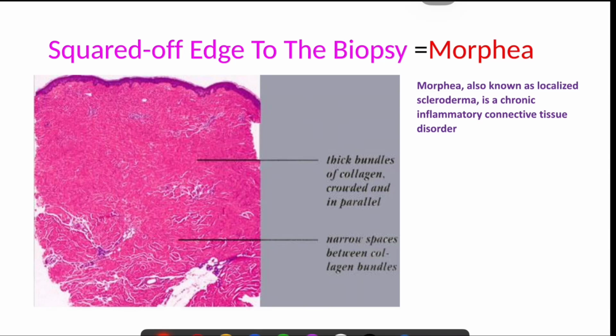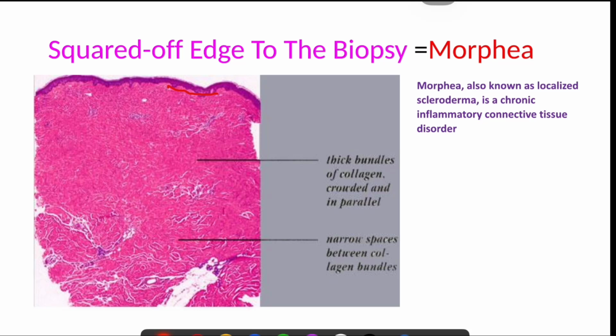Now morphea. So here morphea is also known as scleroderma, which is nothing but thickened collagen bundles crowded in the dermis and deep dermis. There is loss of appendages, thinning of the epidermis, and narrow space between the collagen bundles, and sometimes subcutaneous fat is also replaced by this collagenization.